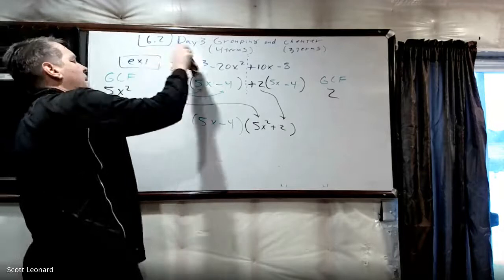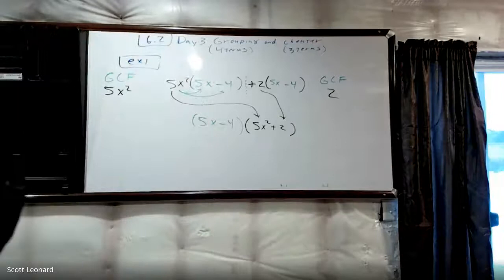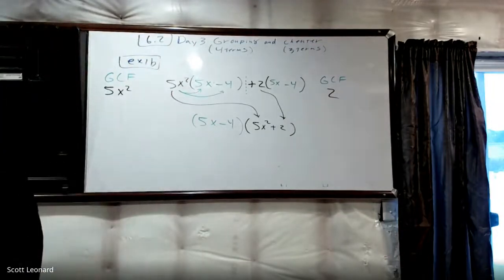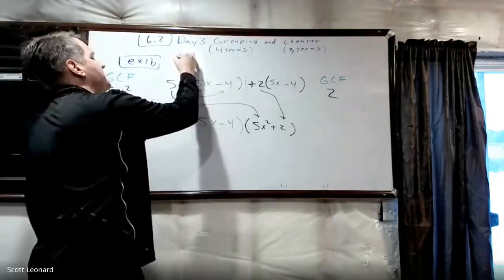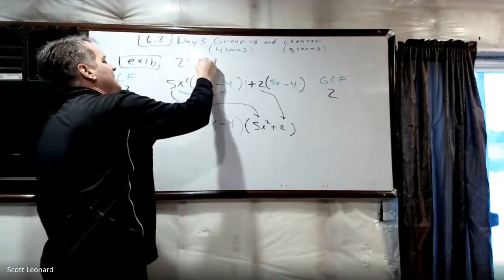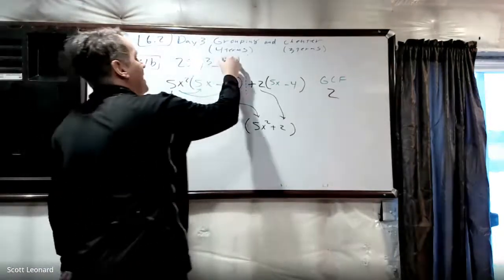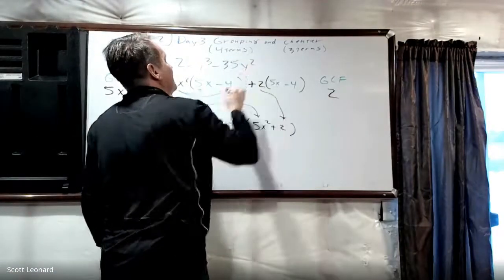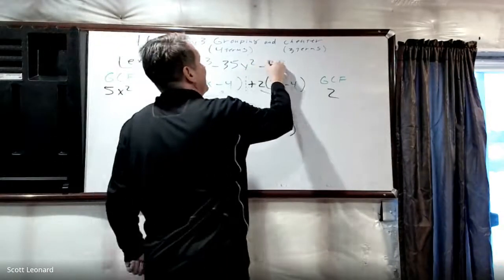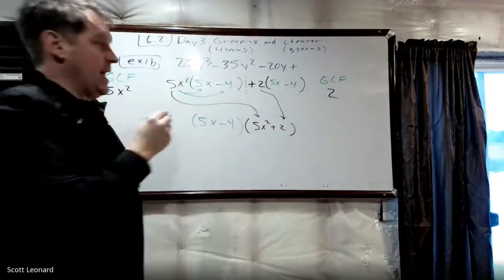It's going to be 1B here. Let's go 25y to the third, minus 35y squared, minus 20y plus 28.